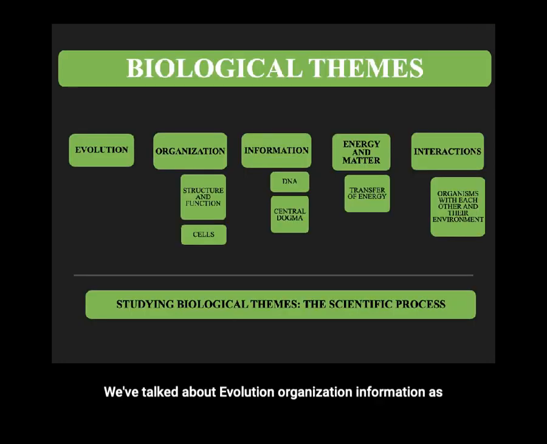We've talked about evolution, organization, information, as well as energy and matter. Life does not occur in isolation. Instead, organisms interact with other organisms and their environment. So let's look at these interactions.